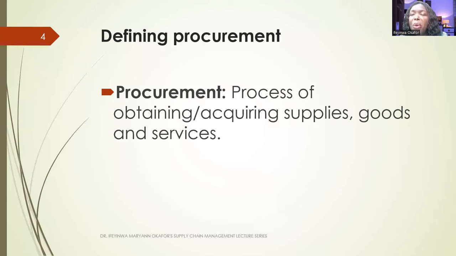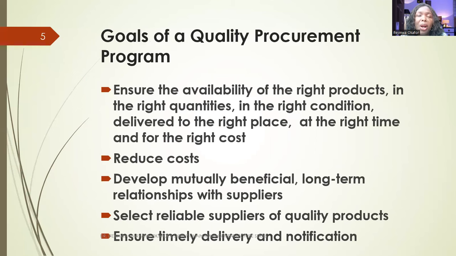There are reasons why we need a good or quality procurement program in our facilities. Why do we need a quality procurement program? One, to ensure the availability of the right products in the right quantities, in the right condition, delivered to the right place at the right time and for the right cost.